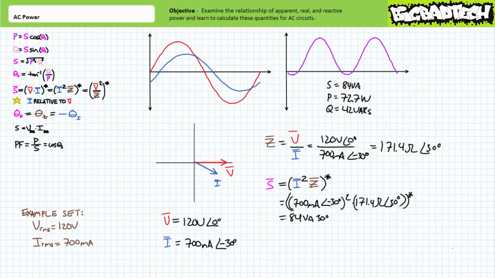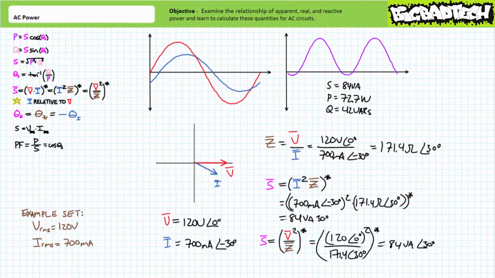Substituting in our given values, we again arrive at an apparent power figure of 84 volt amperes at an angle of positive 30 degrees. Apparent power can also be calculated using the formula S equals the complex conjugate of voltage squared divided by impedance. Use of this formula requires knowledge of both voltage and impedance, but does not necessitate knowledge of current.